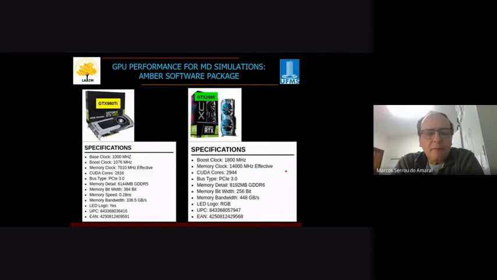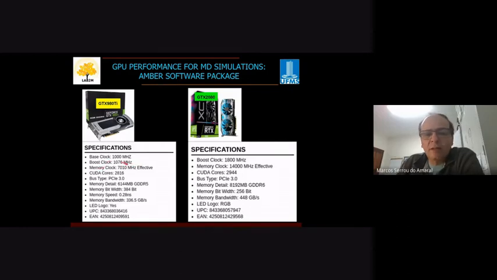I also went to the internet to get the specifications of the yellow GPU and the green GPU cards, and this is what I got. This is the simple one. To be honest, I have few ideas about that, but let's see what we have here.